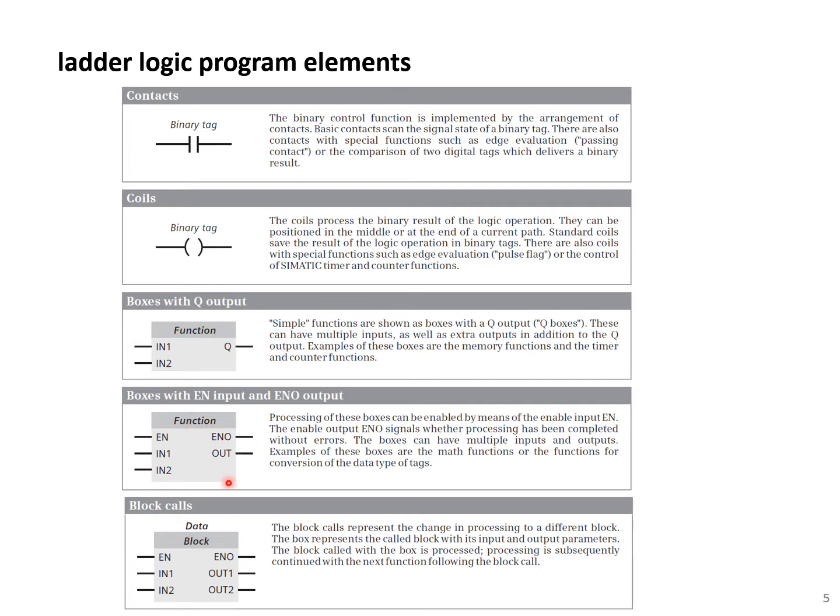It might not be done, but it's activated, it has reached this function. And we could have a block call. In these block calls, we could customize our block and add as many inputs and outputs as needed with different functions.